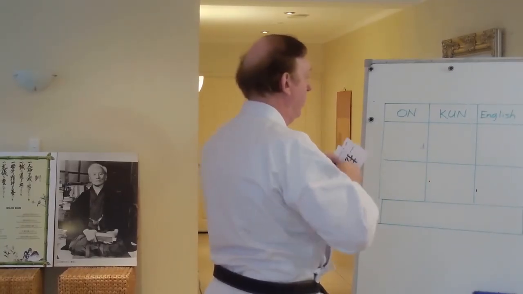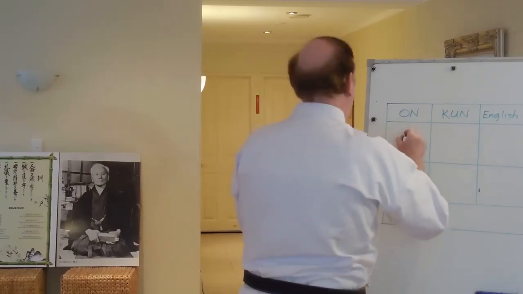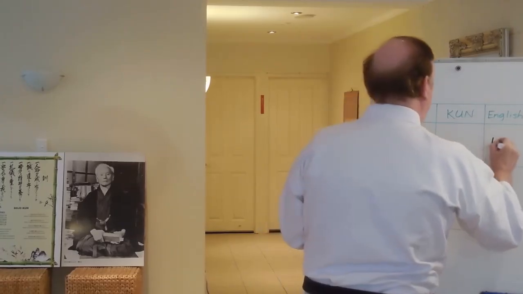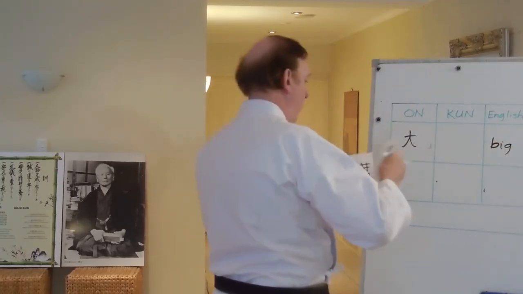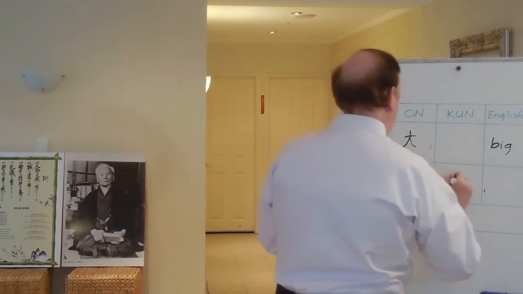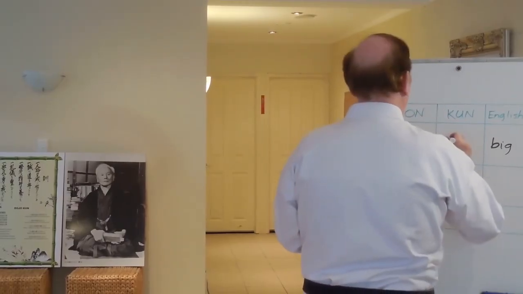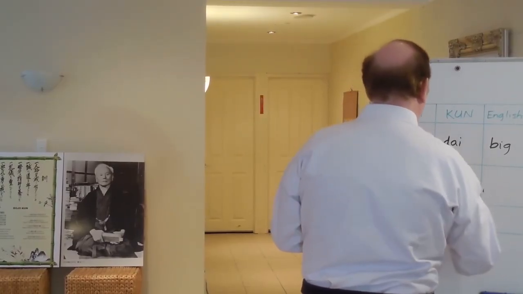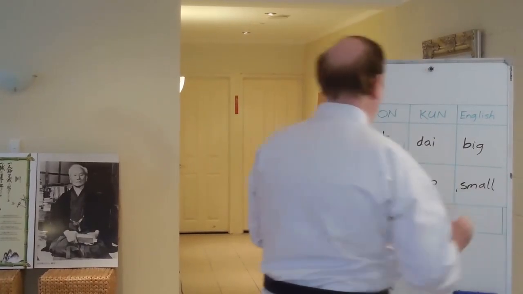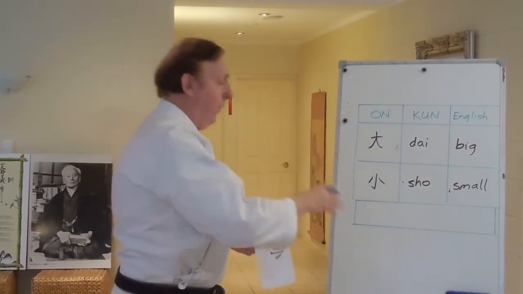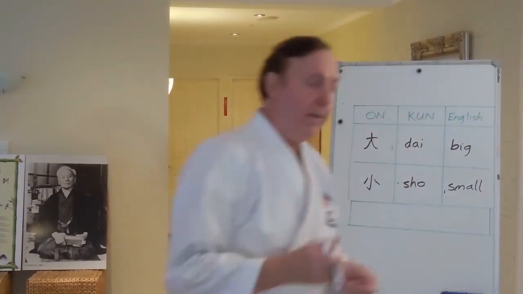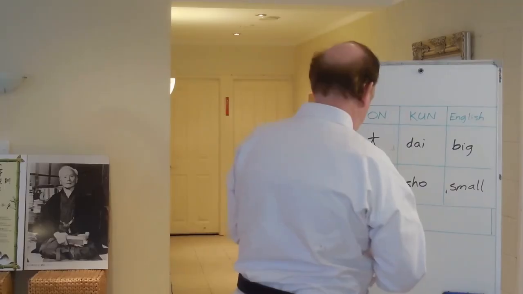So dai just means big. If you just put that kanji there, then this just means large or big. And the other one, which you've all seen before, I'm sure, is sho. And so this is dai. Sho is big and small. So just to put those up for completeness, on the Bassai Sho, Bassai Dai, and Kanku Dai, Kanku Sho has the same meaning.